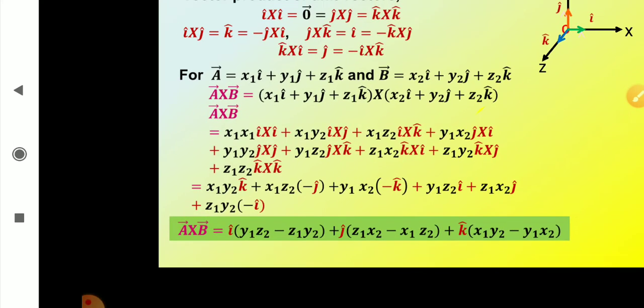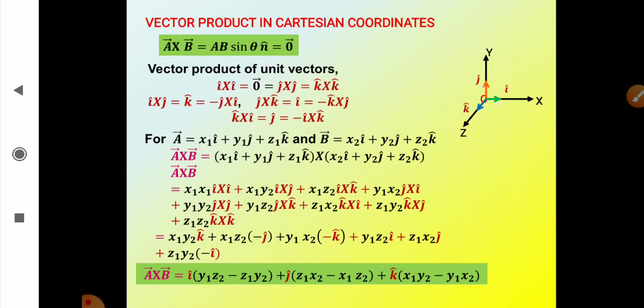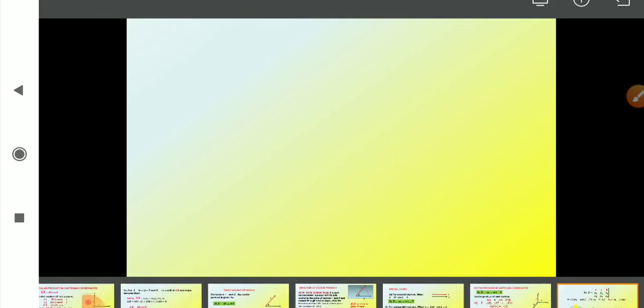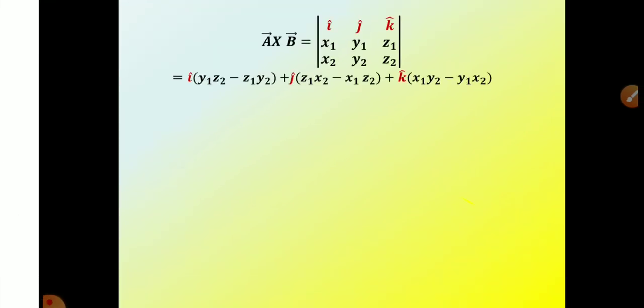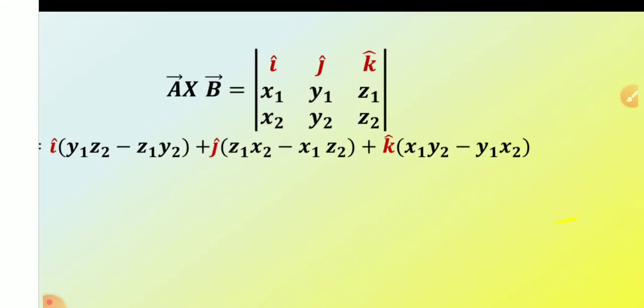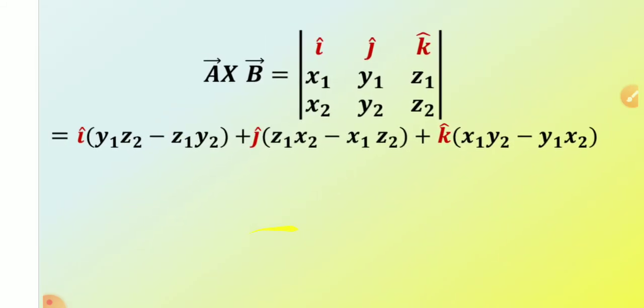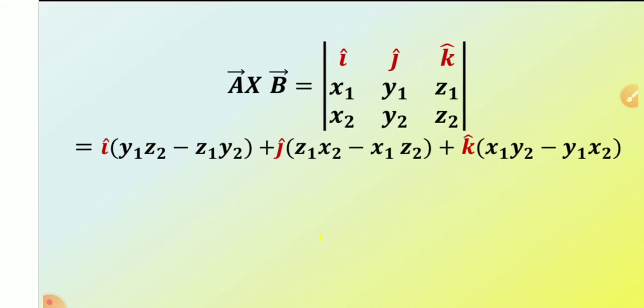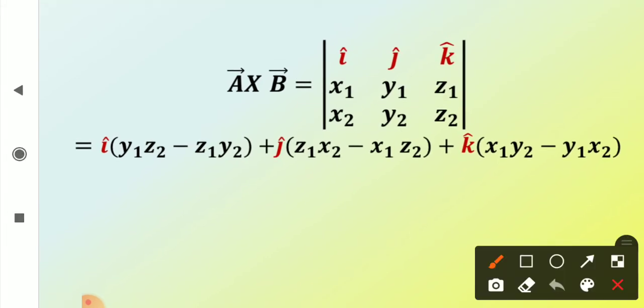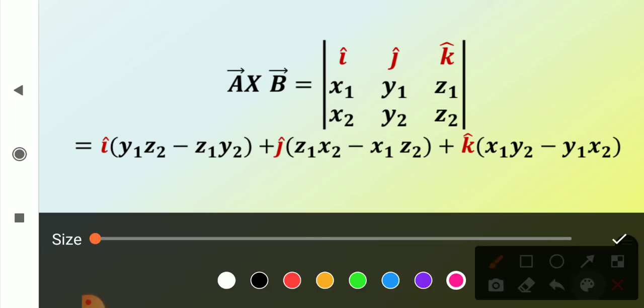Now this seems a little difficult to remember, so we have an easier method to remember it. Here we can represent this cross product by using a determinant. What we do is, this A cross B can be written using two parallel lines.